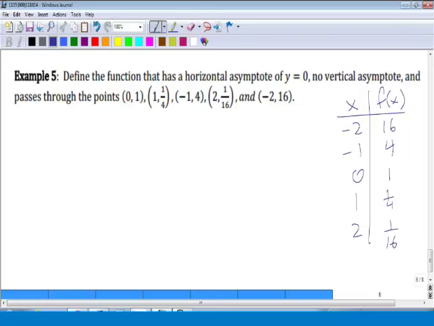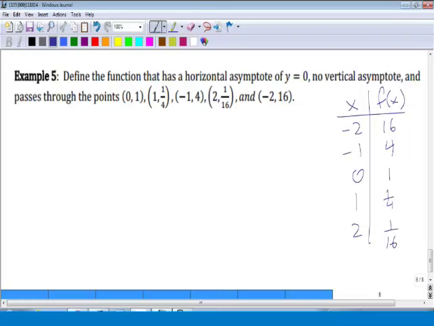I'm thinking about starting at 16, and then 4, and then 1, and then 1/4, and then 1/16. What's the opposite of quadrupling something? I guess dividing it by 4. That's what we're doing. Is that what it looks like? Are we dividing the y-coordinate by 4 each time we step 1 unit to the right?